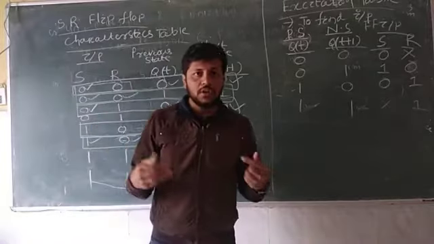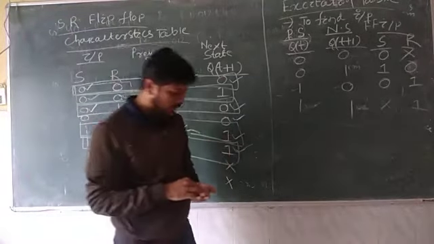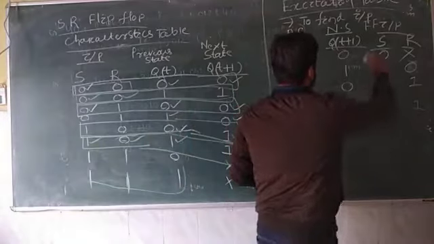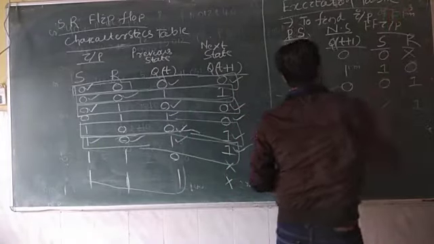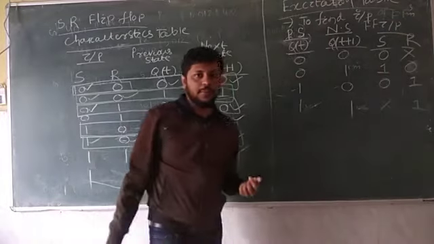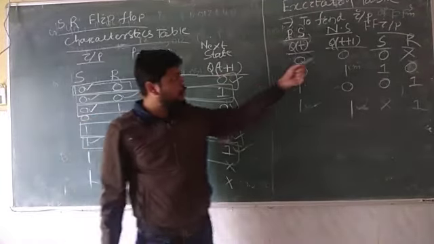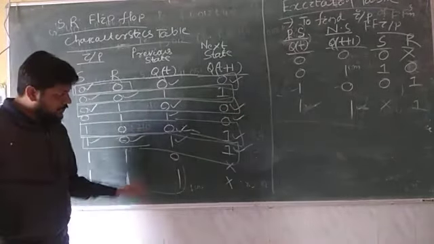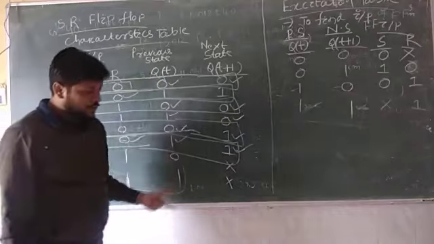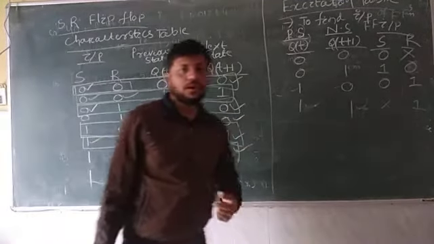Excitation table means finding the flip-flop inputs. Here you are given the present state and next state, and you need to determine the SR inputs.